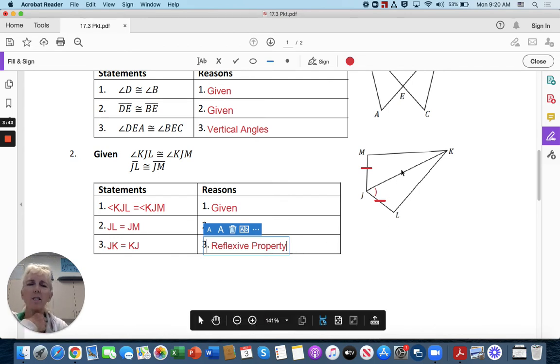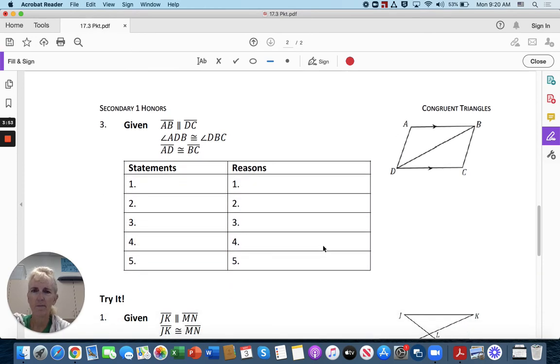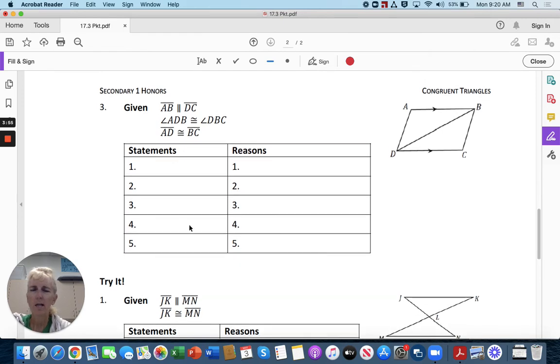We could actually prove that the two triangles are congruent from side angle side, but we're just going to take it slowly, getting used to our statements, getting used to the reasons. Okay, so here, let's look at our figure and at what's given, and see what statements we can write and what the reasons are.